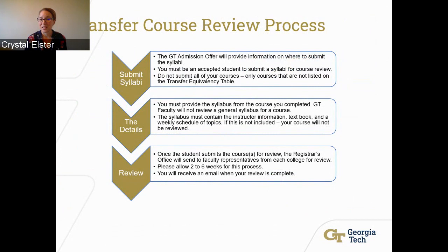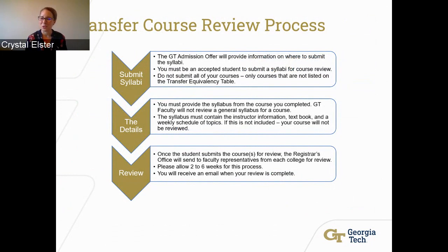So once you have everything perfect, we submit it to the department. It does take about 2 to 6 weeks for that process to go full cycle. It just depends on the department and how many courses they're receiving at the time to get reviewed. So for a lot of transfer students, you could see your initial transfer evaluation done, and you could still see some of those courses with the equivalency that says ET department, meaning it's still in that review process.